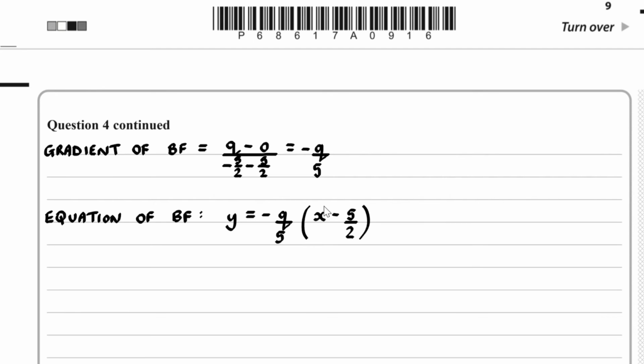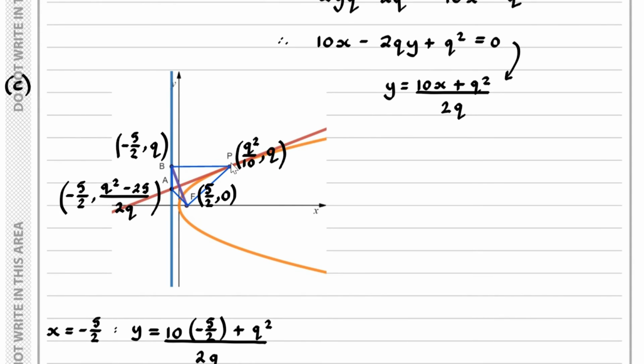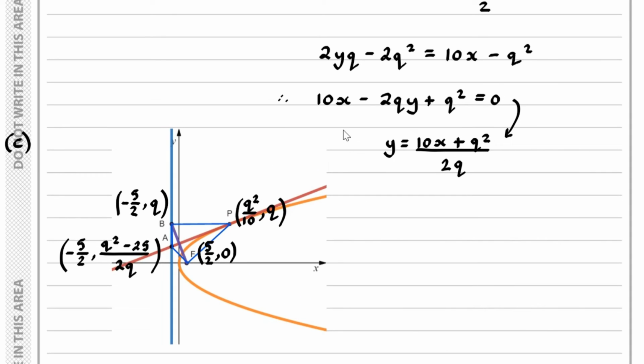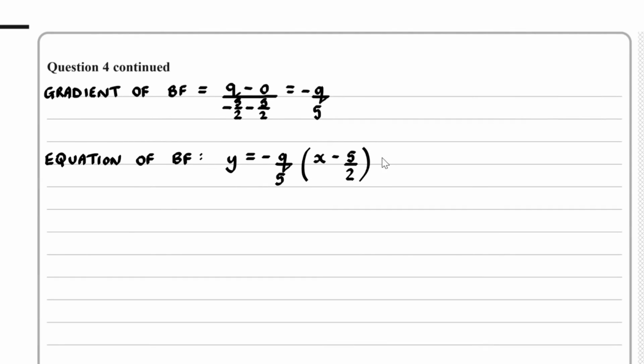Now, we need to find the intersection between this line and the tangent. Now, the tangent over here I'm going to call equation 1, and this equation I'm going to call 2, and what I'm going to do is substitute equation 2 into equation 1.